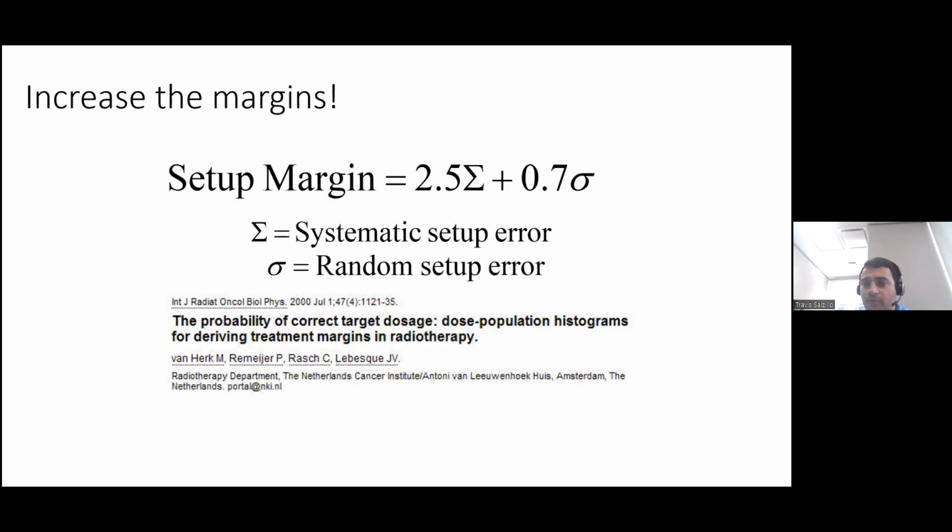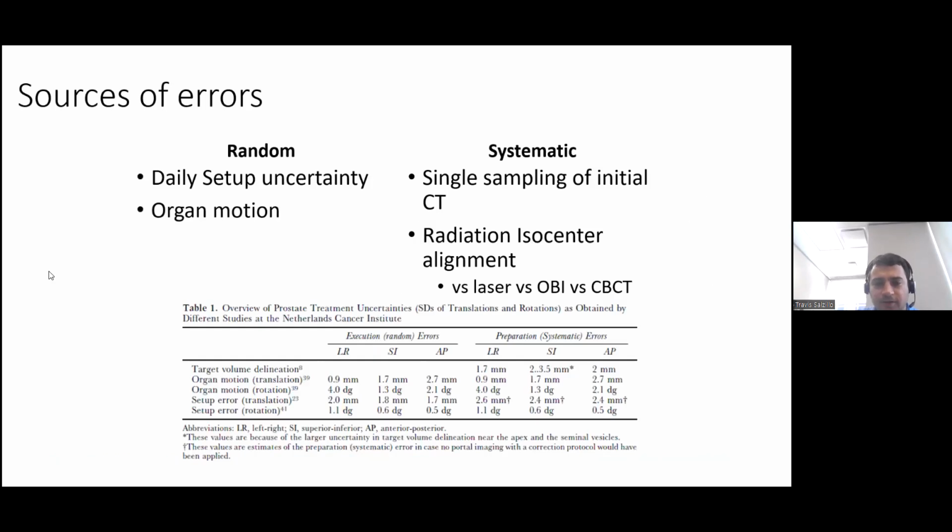There are several margin formulas that have been described in the literature over the past decades. This one, the Van Herk formula, is probably one of the more common ones. In this table that I showed, this was a really good study where they split up systematic errors and random errors from different sources, like organ motion or setup errors, I believe in prostate treatments.